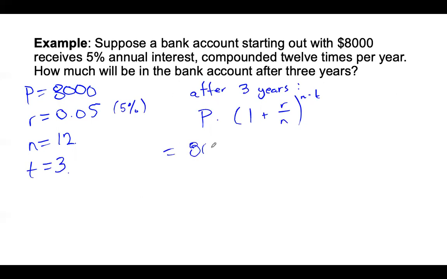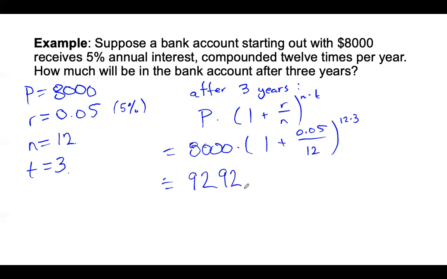It's 8,000 times 1 plus 0.05 divided by 12, to the exponent 12 times 3. This is approximately equal, you have to use a calculator, to 9,292.